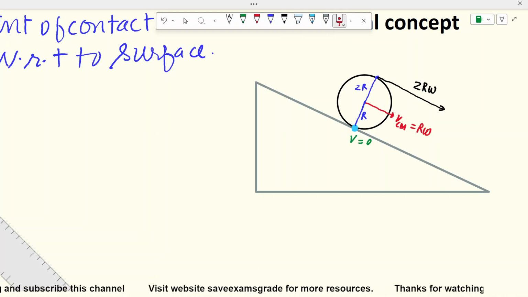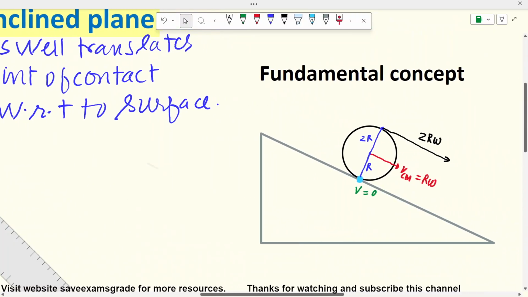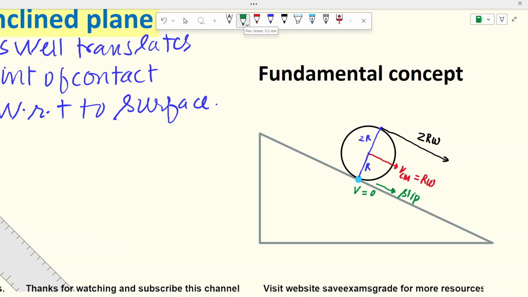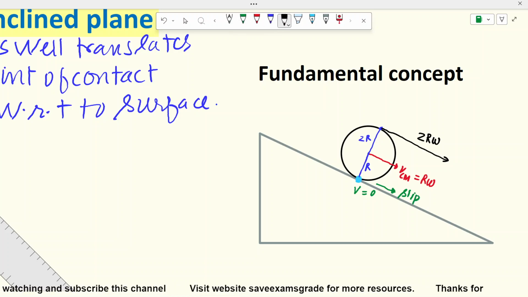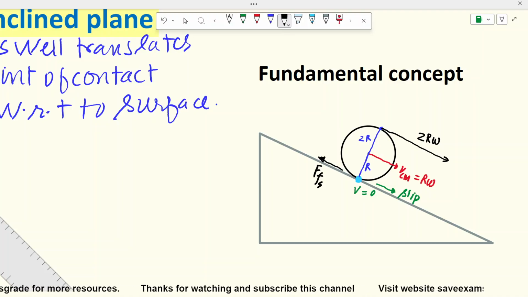Why? Because we are calling this topic rolling without slipping. It could slip in this direction, so when it tries to slip, the force of friction will be exerted in the opposite direction. And this, dear students, is the force of static friction. Why are we calling it static friction?